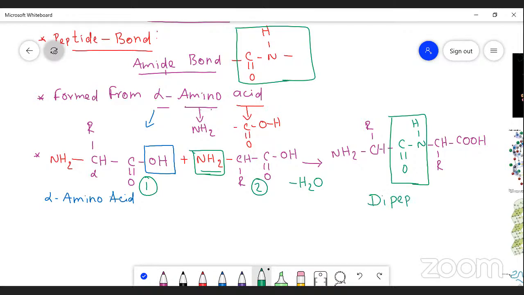Why do we call this di? Because the number of amino acids joining is 2. So here is 1 amino acid and here 2 amino acids. So 2 amino acids are joined and form a peptide, which is known as a dipeptide.